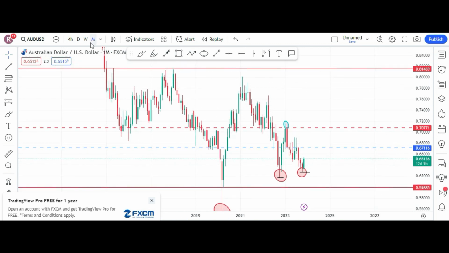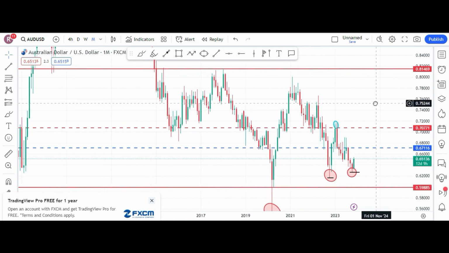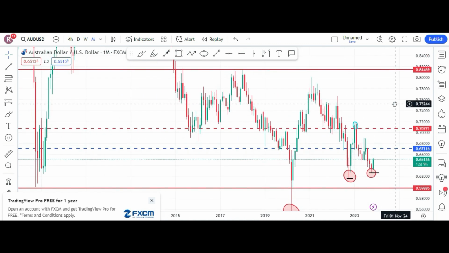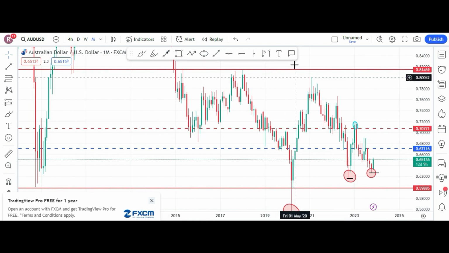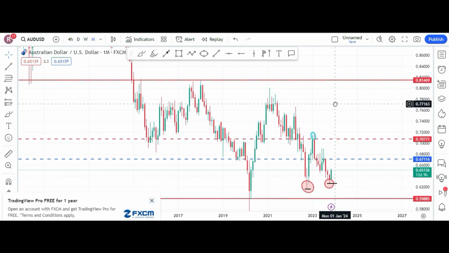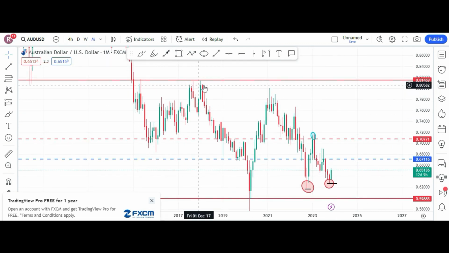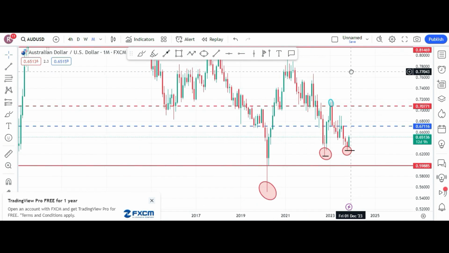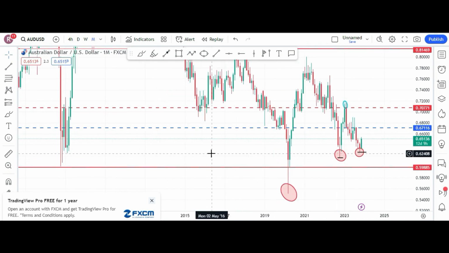So I am currently in the monthly time frame, and in the monthly time frame we can see that it is ranging for a long time. It is ranging from January 2015 till date. This is the range we have, and in this range we have a double top here, and we have a double bottom here, but it is far back.